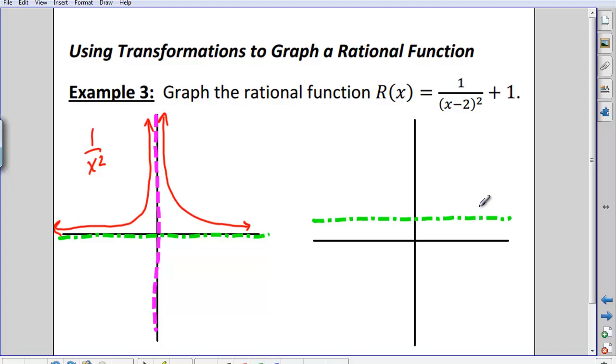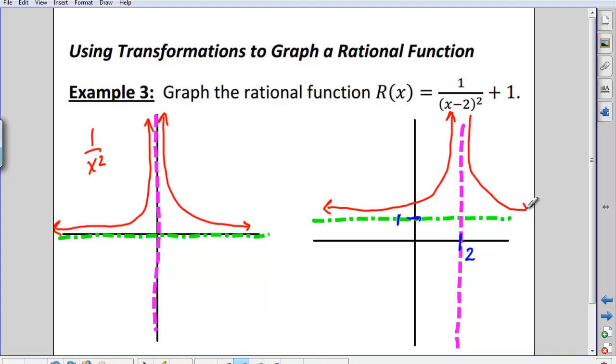So that's actually going to put the asymptotes crossing at positive 1 and positive 2. That's where those are crossing now. So it's just a shift up 1 and to the right 2, and that basically makes our two pieces now fit in like this. Okay, so that's what our new graph is going to look like.